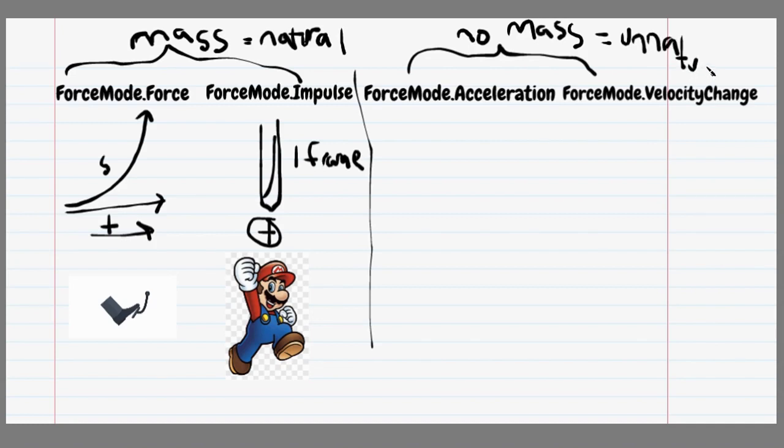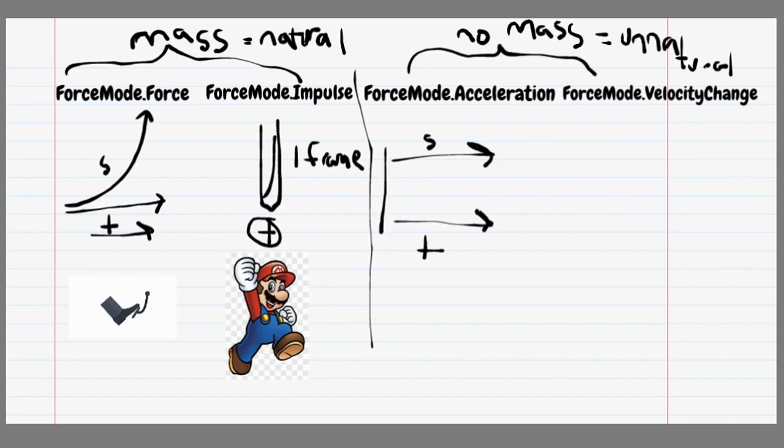So force mode acceleration is basically the same thing as the first one. It applies a force over time, but since it is not doing it based on mass, it basically starts at the constant at the very beginning. It doesn't have to build up momentum. Its speed is set from the very beginning. There is no build-up.